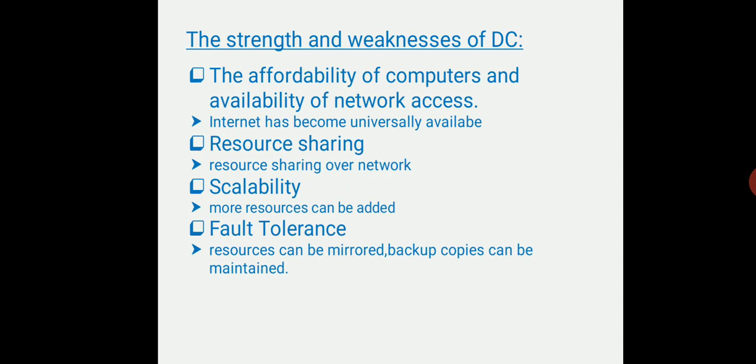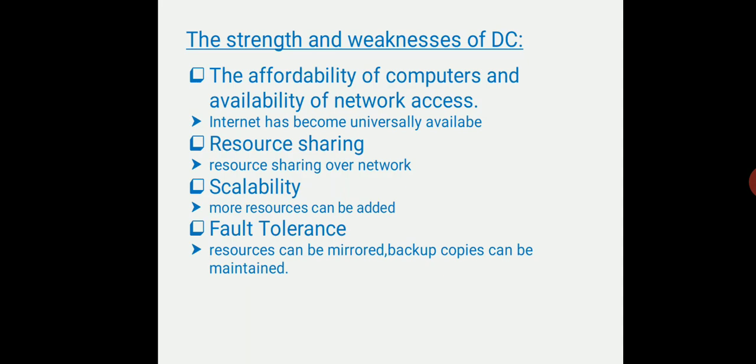Say in distributed computing, all the computers are interconnected, isn't it? All the computers have their own resources. In distributed computing, if one system fails, what happens? The entire processing will not stop. In case one system fails, the processing will not stop. It will use the resources of other computers connected to it.